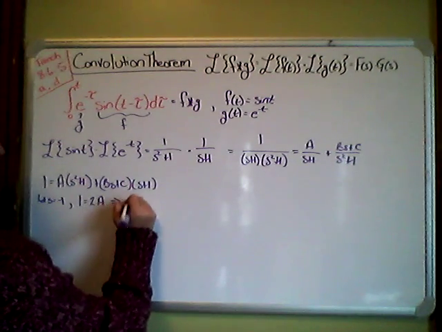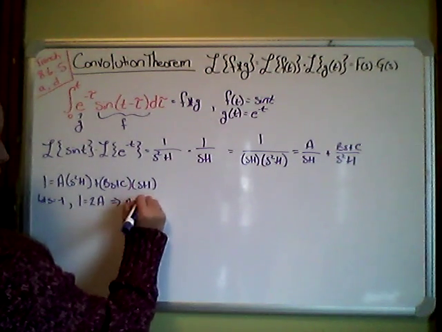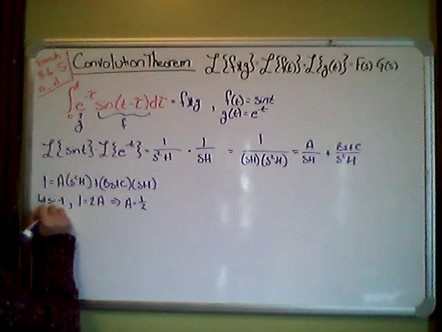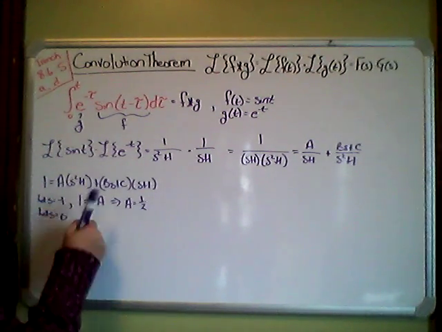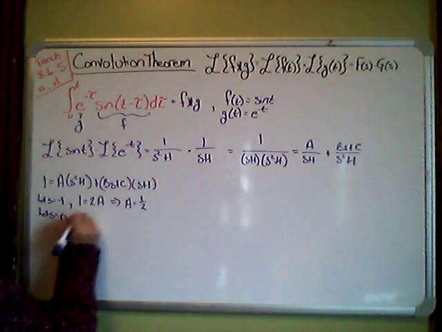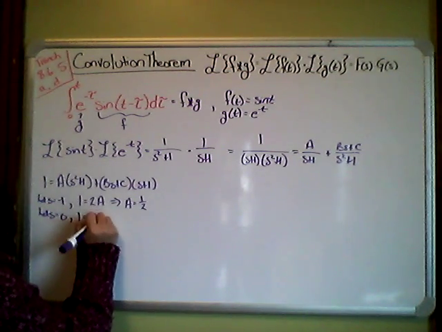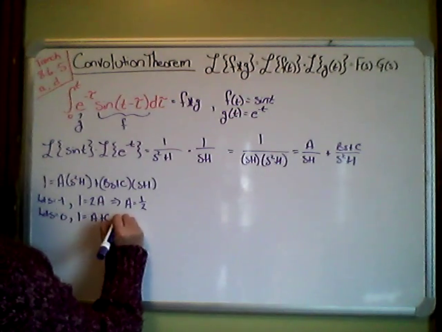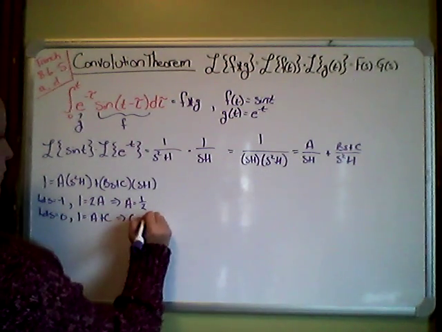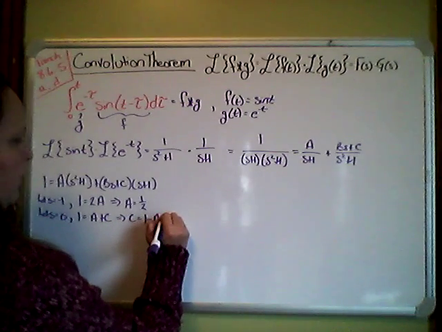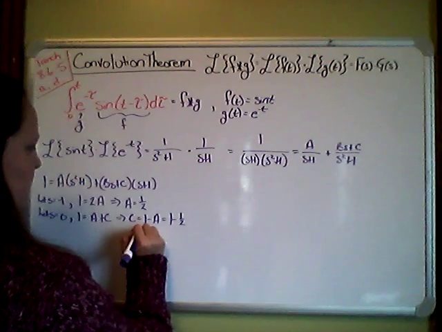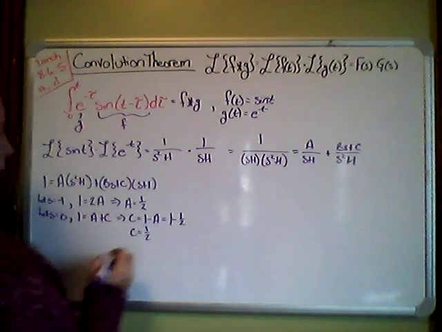And so that leads us to an easy a is equal to 1/2. Now we're going to let s equal 0, which will clear out our b. So we will have that 1 is equal to a plus c, which then leads us to c equaling 1 minus a, which of course is equal to 1 minus 1/2. And so c also equals 1/2.